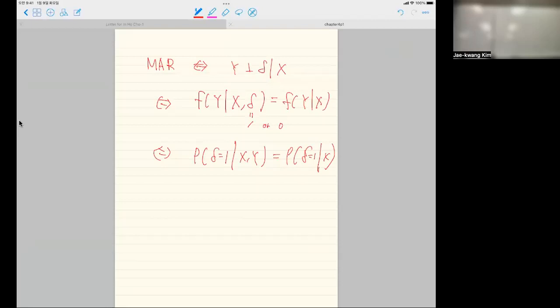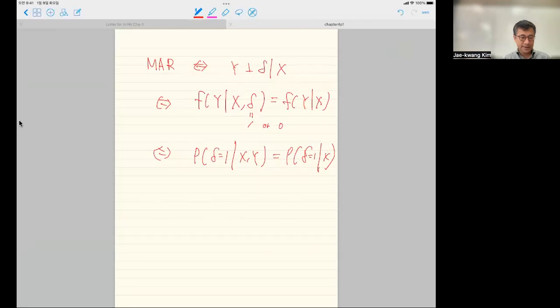Delta doesn't really depend on Y once we condition on X. Another way for delta, same story: we exchange the order, and delta depends on Y only through X. Once we condition on X, it no longer depends on Y.